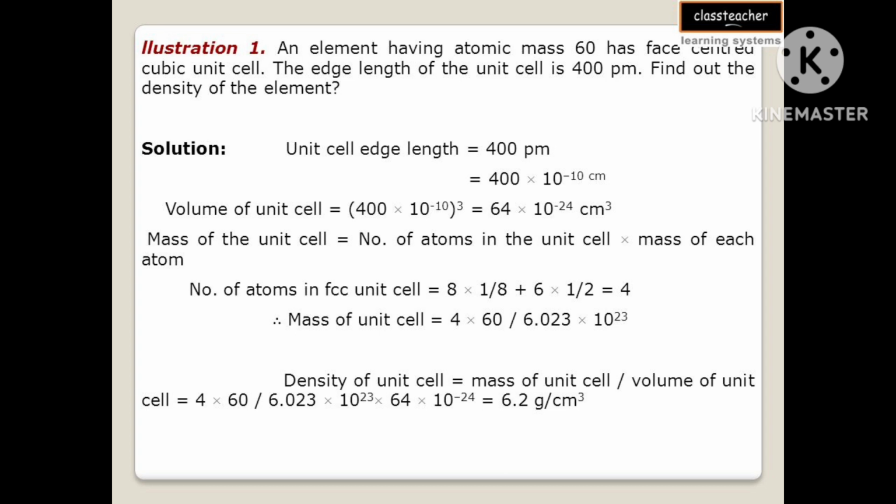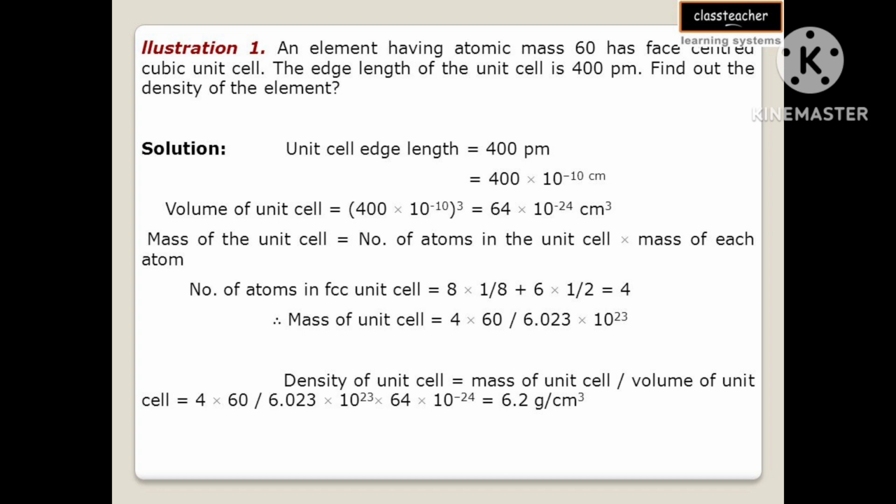Here, first of all, you should find out the volume of the unit cell. It is very easy to find out the volume of the unit cell. In this type of numericals, always 2-3 things you have to determine, because in the formula you have seen that volume is required.